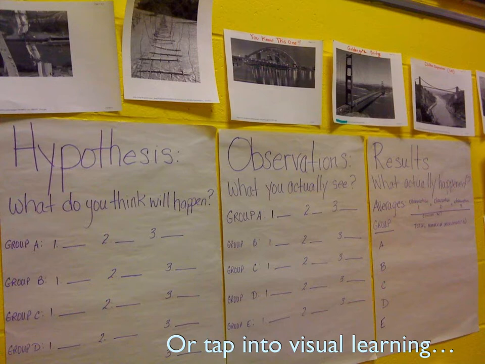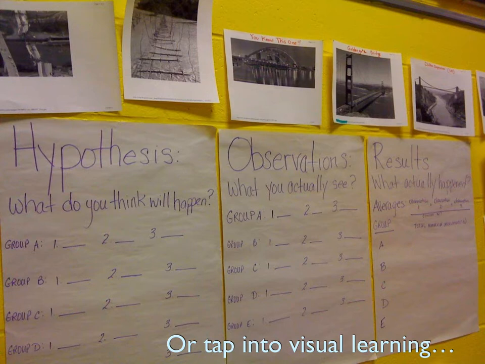And then it also had the opportunity for the kids to develop a hypothesis about the bridge that they were constructing with straws, and they were going to see how many pennies that straw bridge or the toothpick bridge would be able to hold. And then they would have opportunities to demonstrate what their observations were and then the results of what actually happened. So this was a way to tap into visual learning.